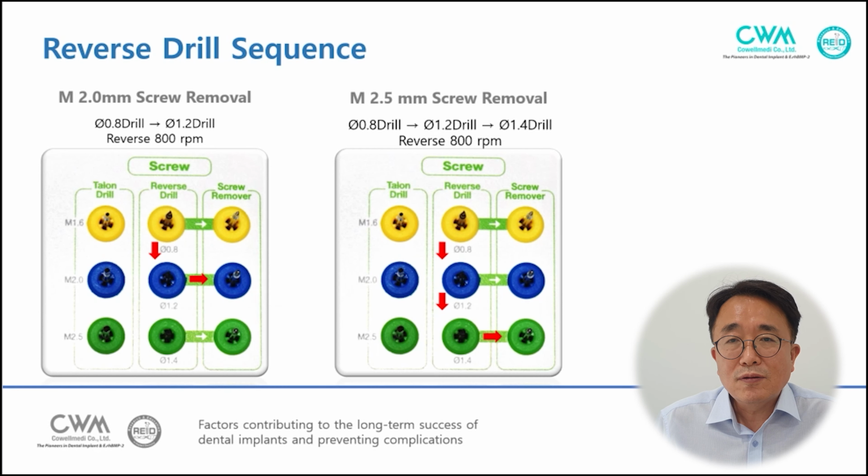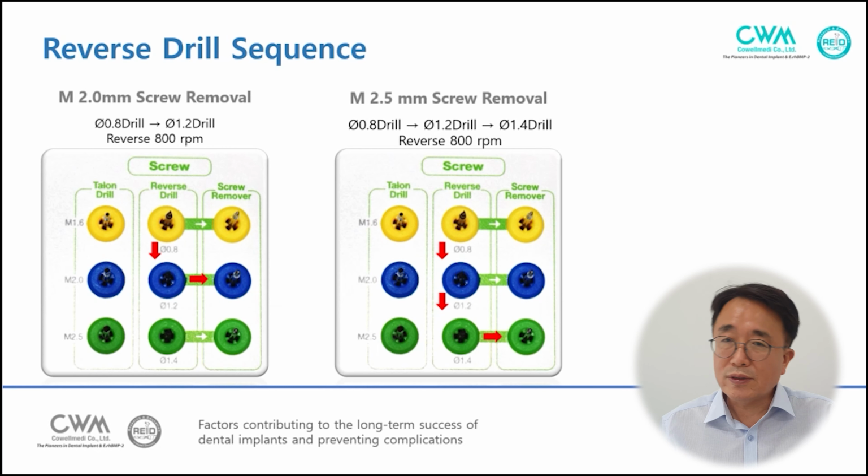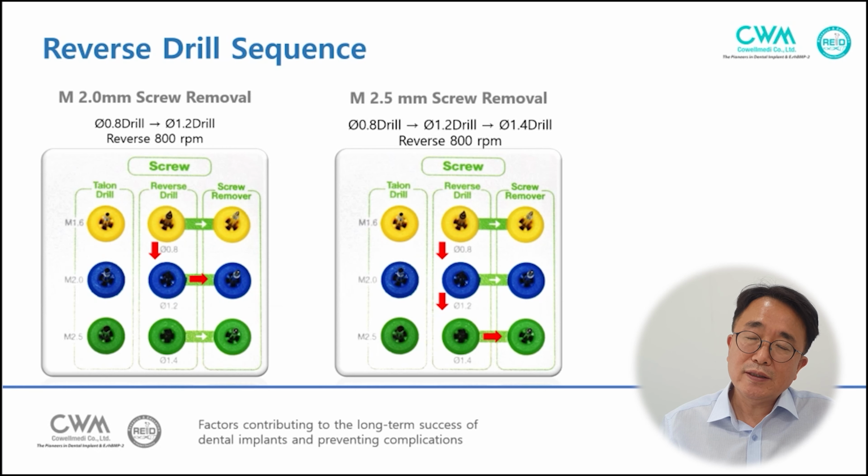So we have diameter 1.6 screw and diameter 2 millimeter screw and 2.5 millimeter screw. So you have to check your screw diameter. But conventionally, our implant has a diameter 2 millimeter.